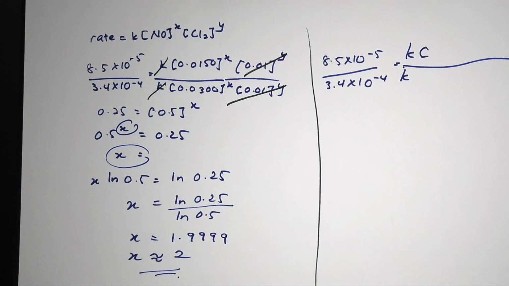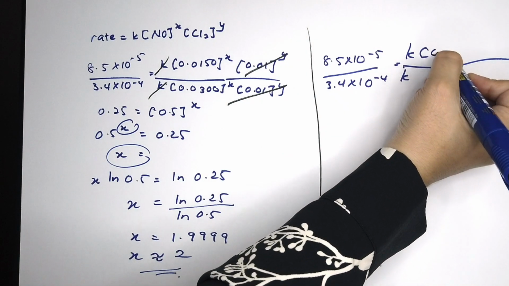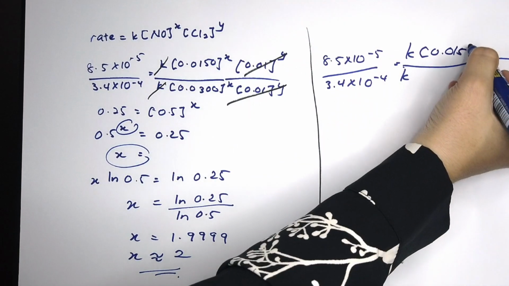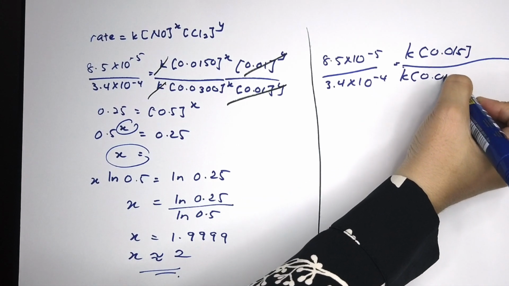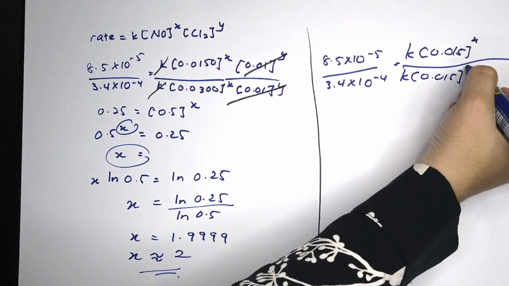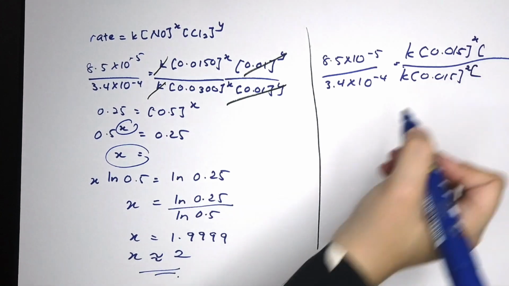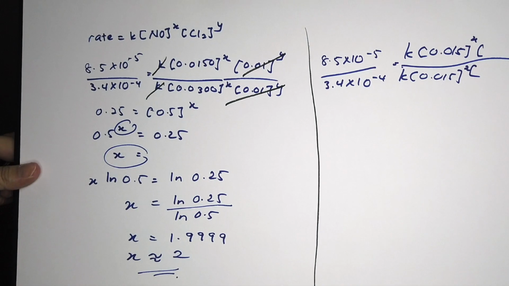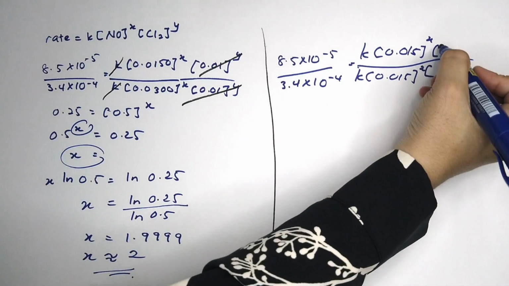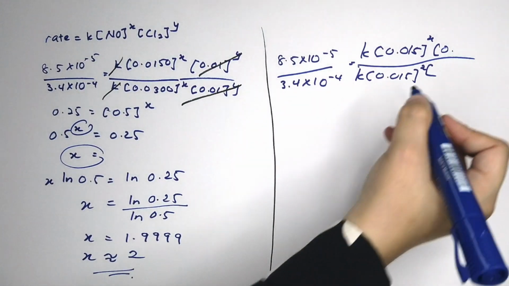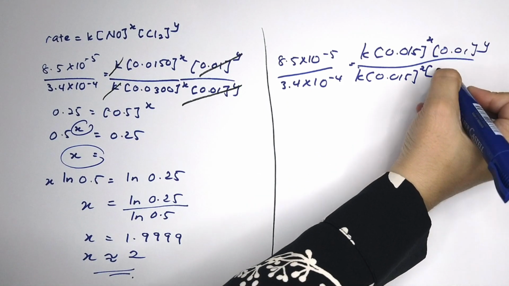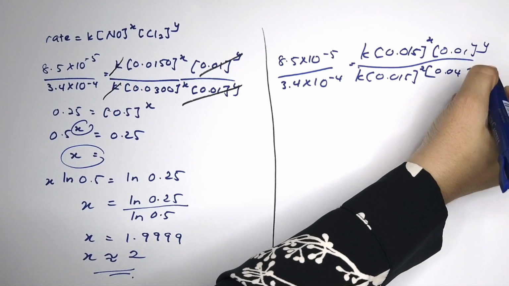So 0.015 and this one is 0.015 as well, to the power of x for each one, and for the value of y, 0.01 to the power of y, and this one is 0.04 to the power of y.